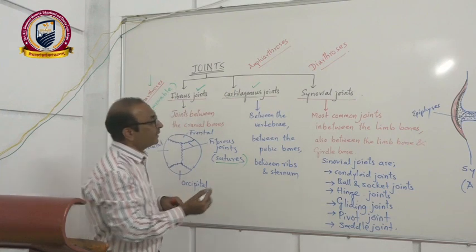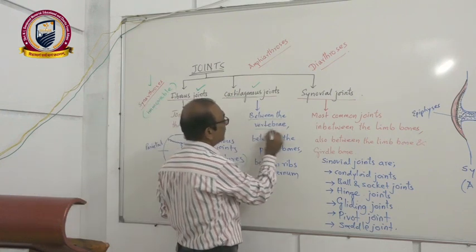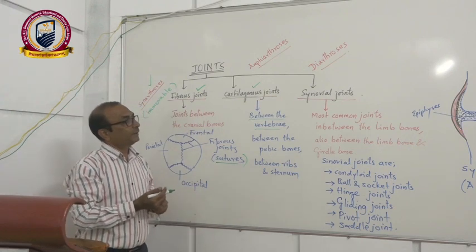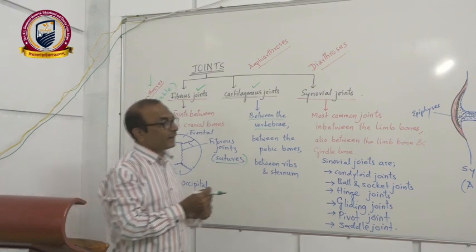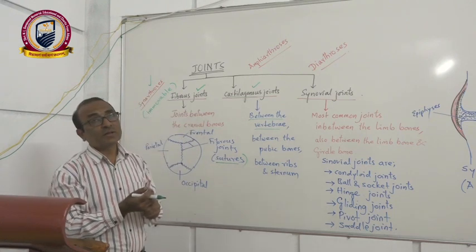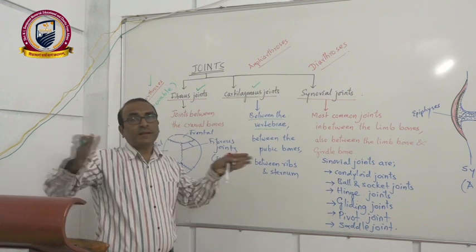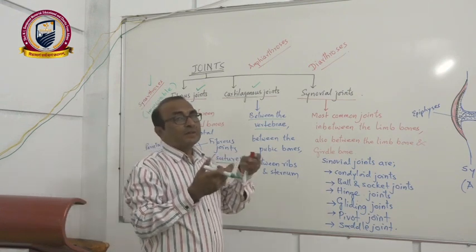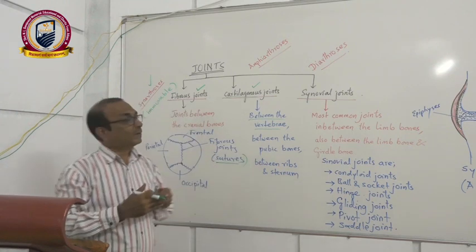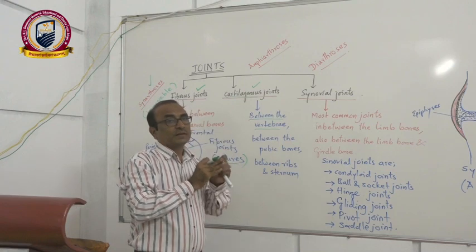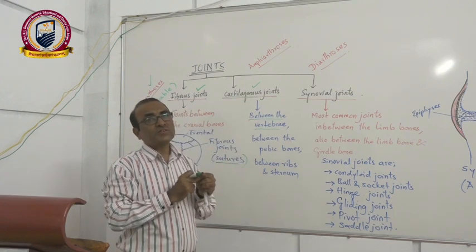So for example, in between our vertebrae, there are the cushion-like small discs, right? So those are called as intervertebral discs in between the vertebrae. Then the vertebrae also have their connection, one vertebra with another vertebra, with their zygomatic processes which they have.